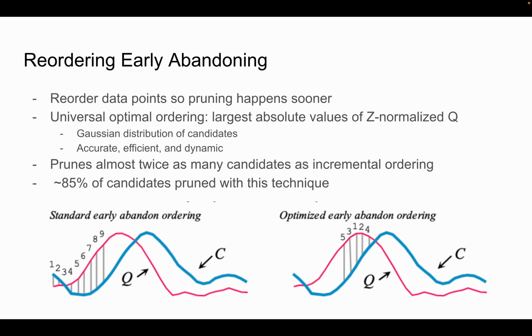This is almost half as many calculations as the incremental ordering, and just a fraction of the total amount of calculations. Overall, ordering the query's data points based on the absolute values of Q is easy and simple, highly accurate, and works with Euclidean distance, LBKO, and z-normalization early abandoning techniques.